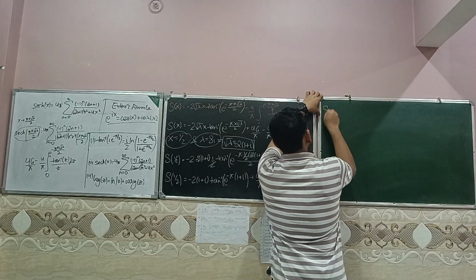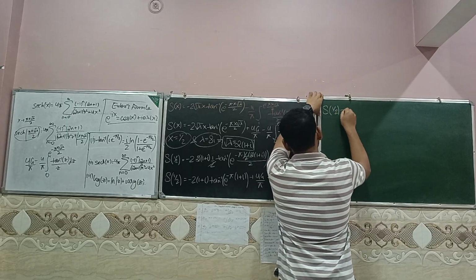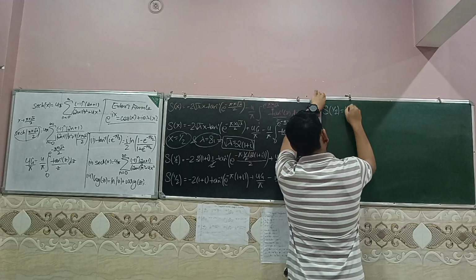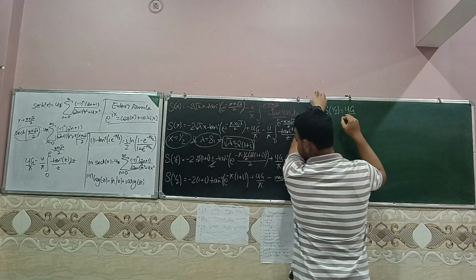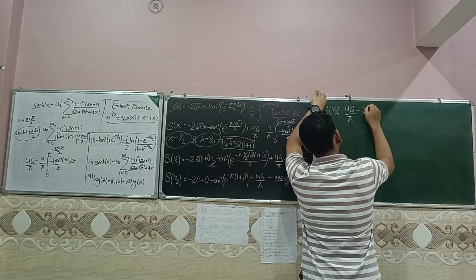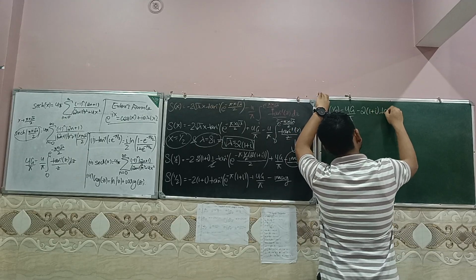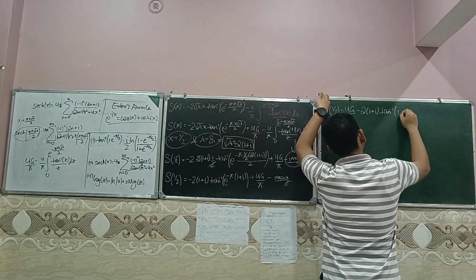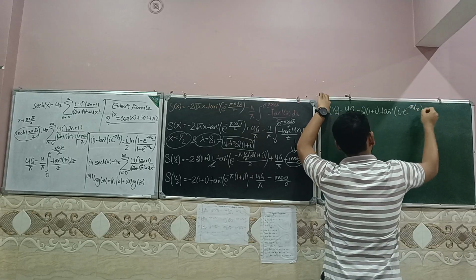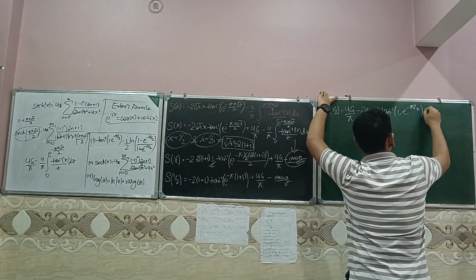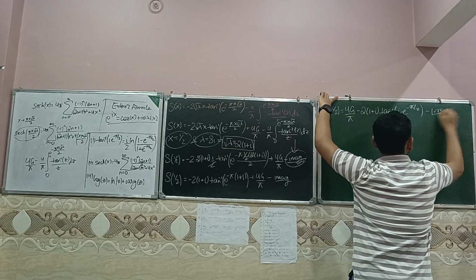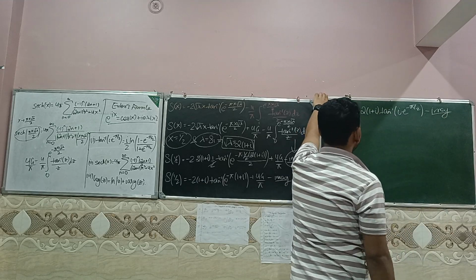So our s of half becomes 4z over pi minus 2 times 1 plus I, and times the arc tangent of I times e to the negative pi over 2, and minus image, right?